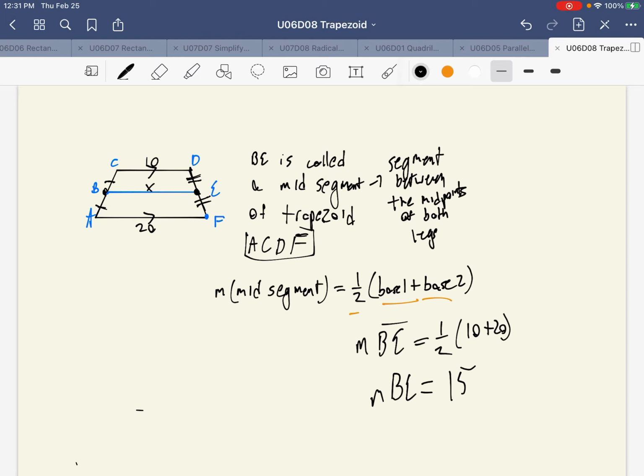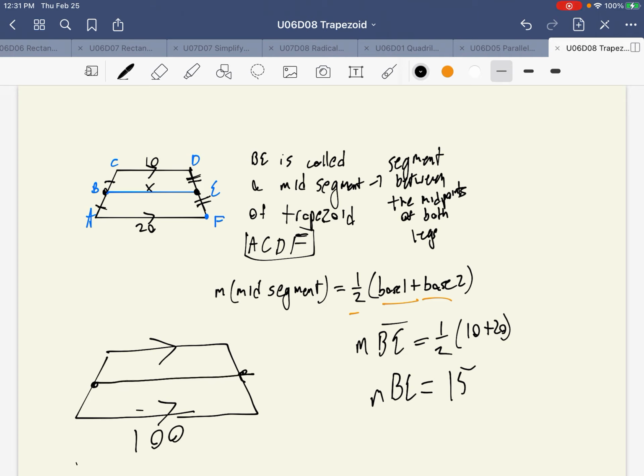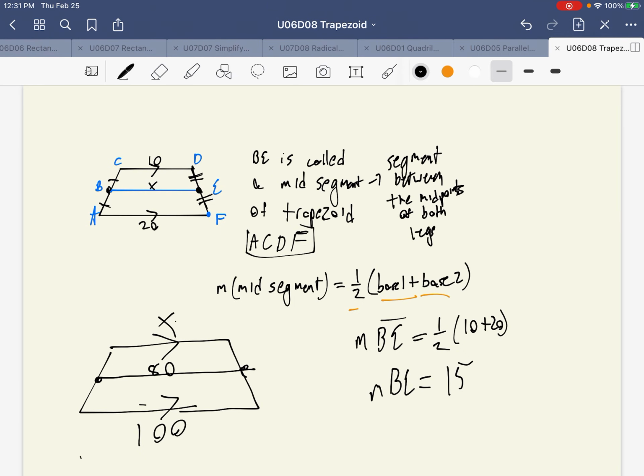You can also use this idea to find the measure of one of the bases if you know the midsegment. So if I draw another trapezoid in a midsegment and said that this measurement was 100 and that this measurement here was 80, and I asked you to find this segment, you can do that as well.